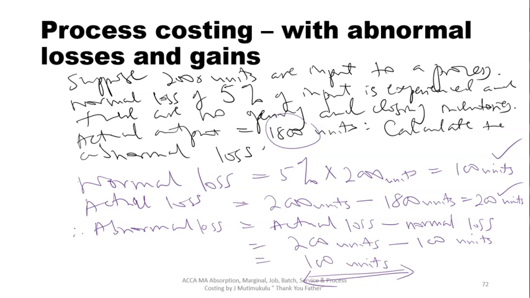We had expected to incur a loss of only 100 units. However, we suffered 200 units. So obviously the extra loss was the abnormal loss of 100 units.